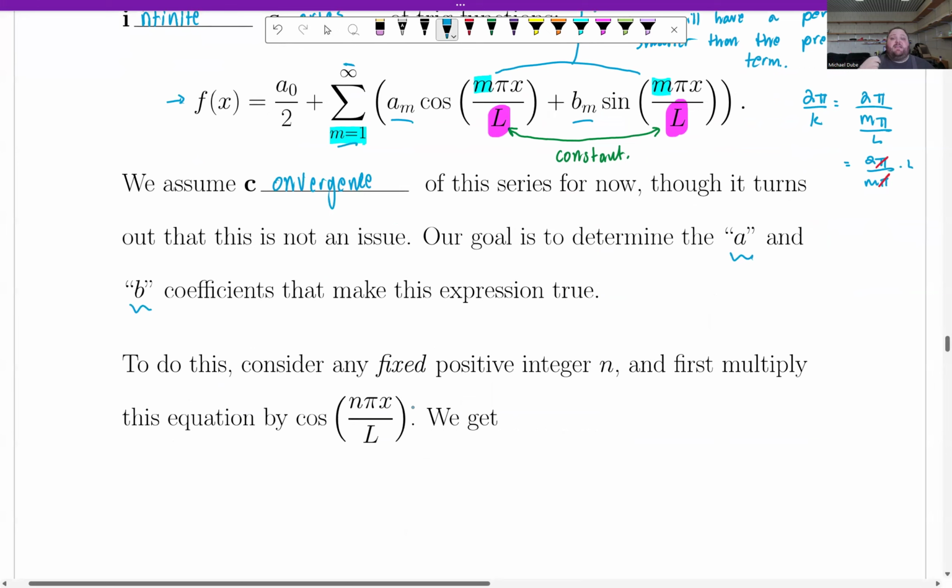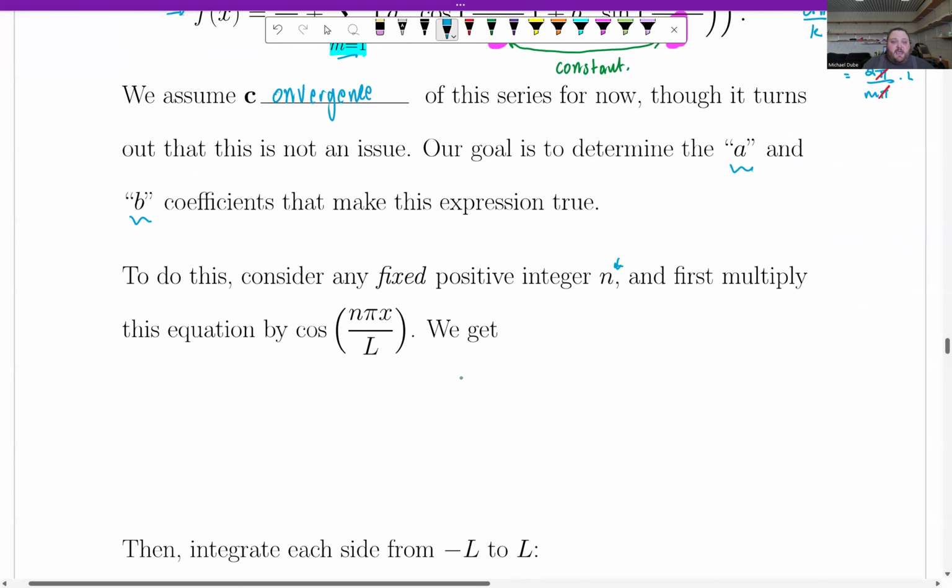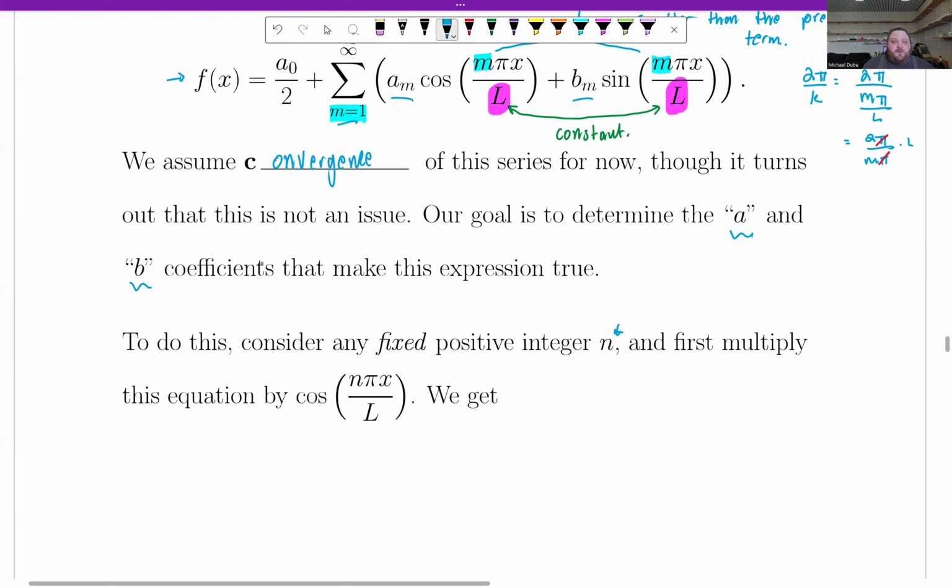To do so, consider any fixed positive integer n, okay? And first multiply this equation by cos n pi x over L. We get, okay? So we're multiplying this equation right here. I'll keep both of them on the screen. We're multiplying this by cos n pi x over L. So we'll get f of x times cos of n pi x over L is equal to a naught by 2 times cos of n pi x over L, right?